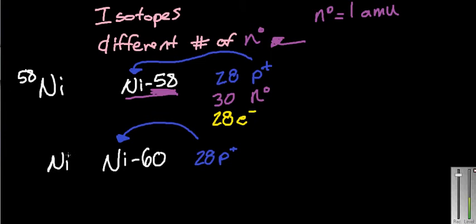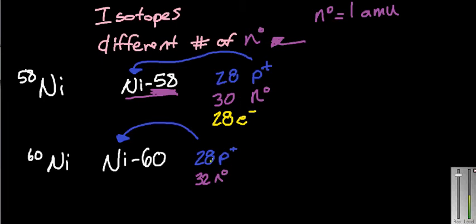So here we have nickel 60. The mass is 60, so I have to take the 28 protons and subtract them from 60. I'm going to get 32 neutrons here.